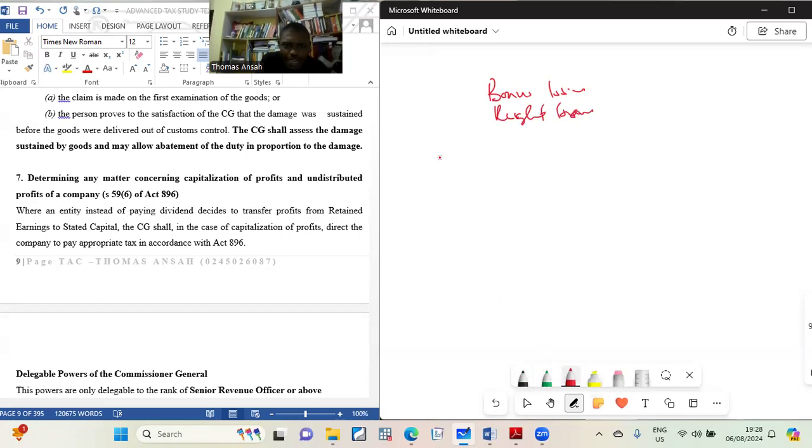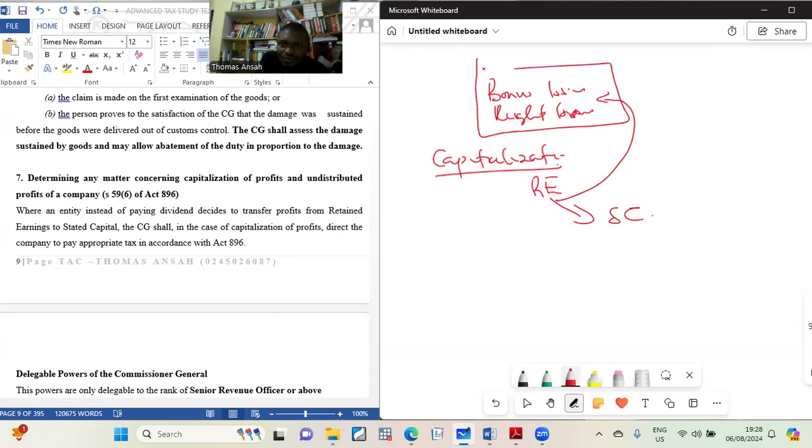Now, when we say capitalization of profit, what it simply means is that you are moving money from your retained earnings and you are putting it inside your stated capital. They use this means. That is what they do.